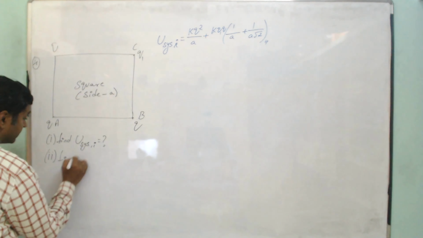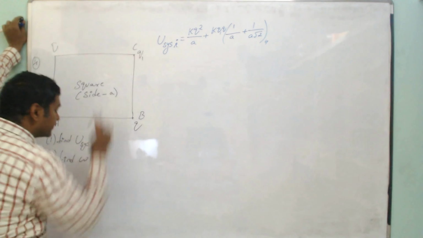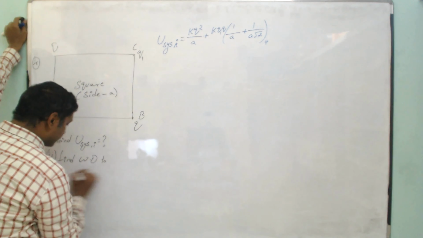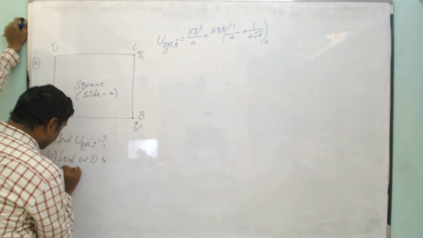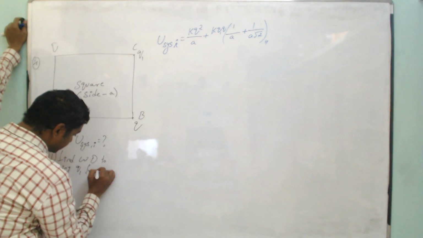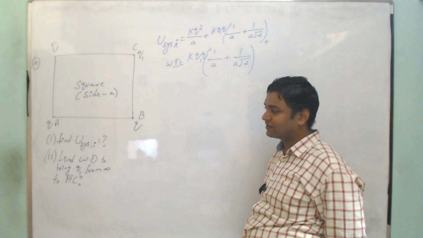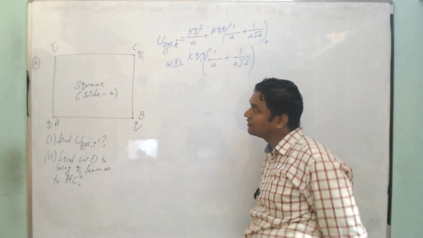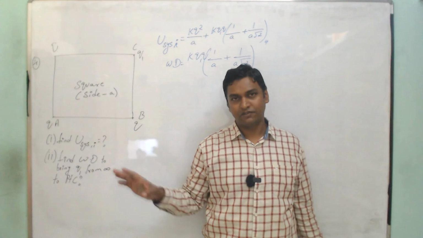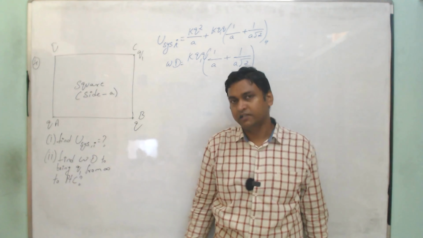Now, find the work done to bring Q1 from infinity to point C. So that means we have q and q at A and B fixed. Now we have to bring Q1 from infinity to point C.